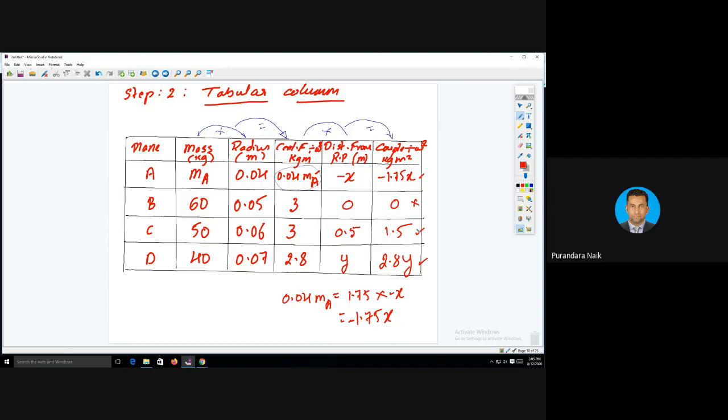X we don't know. Here you know the mass as well as the magnitude as well as the angle. So both are known. Here magnitude is unknown, but angle is known. So you can draw the triangle. You can draw the triangle if you know three angles with one side.